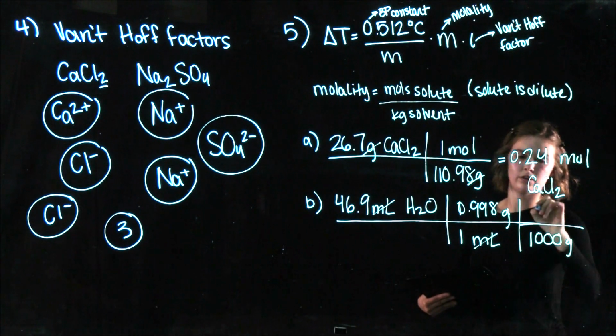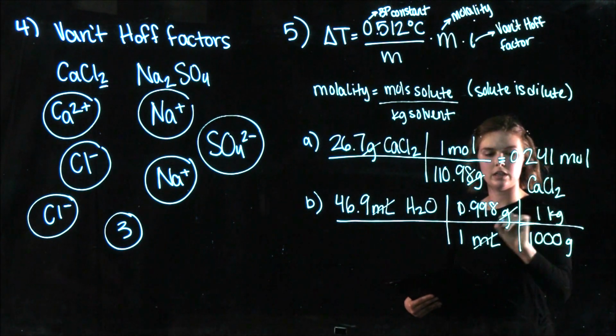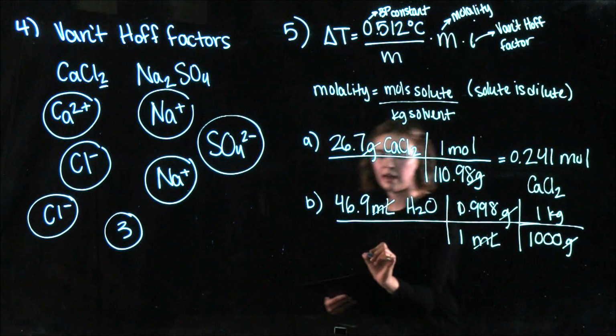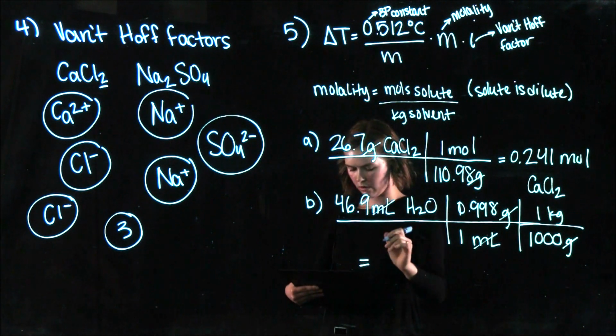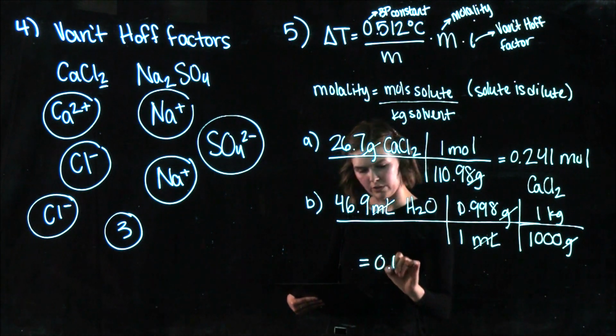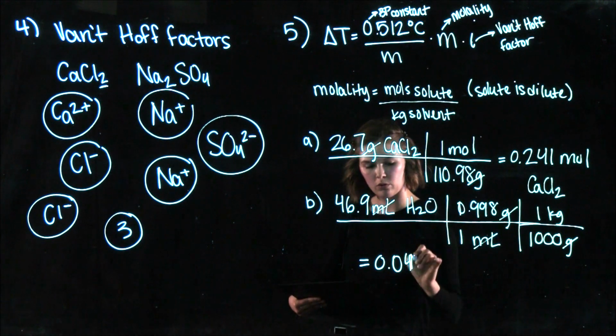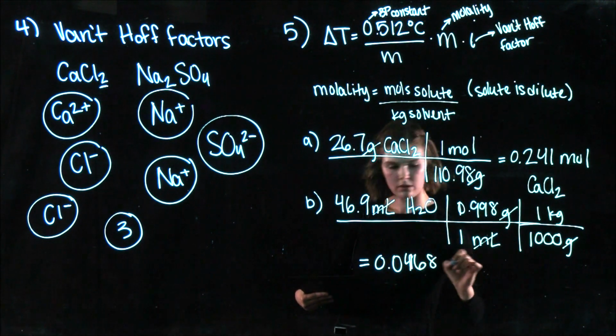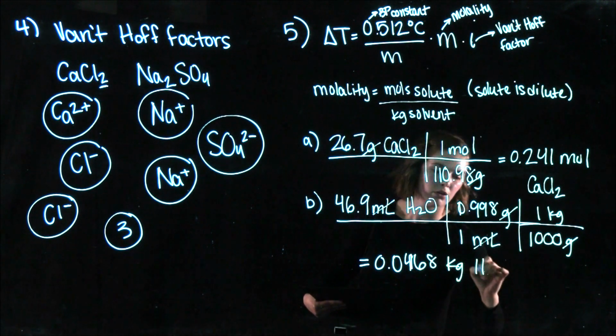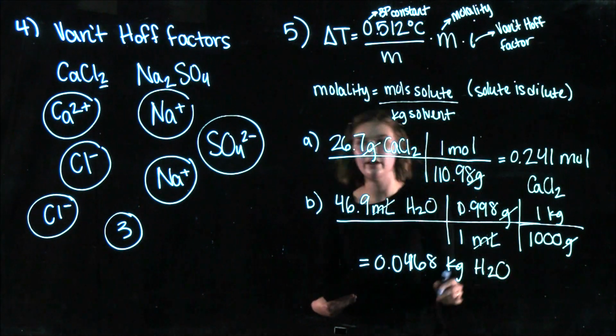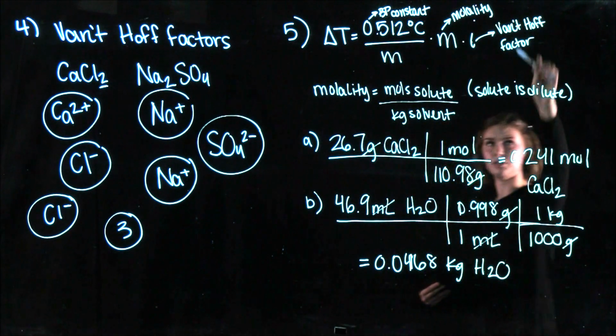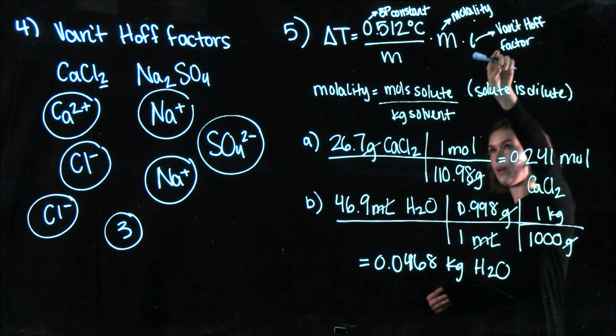So there's 1,000 grams per kilogram. These cancel, and I'm going to get 0.04468 kilograms of water. So now, final step is just to plug back into this equation.